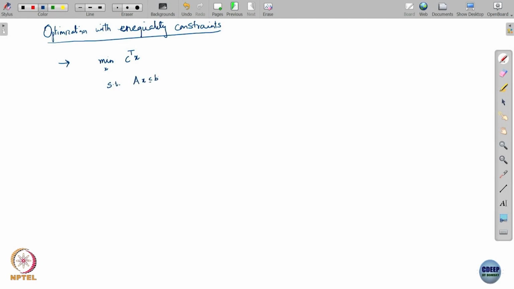So, what are you doing here? Your objective now is a linear function. The constraints are linear inequalities. It is a common region that lies in all of these inequalities, so it is a common region of all of these half spaces. So, the feasible region is a polyhedron. We are optimizing a linear function over a polyhedron, and that is what is called a linear optimization or a linear program.